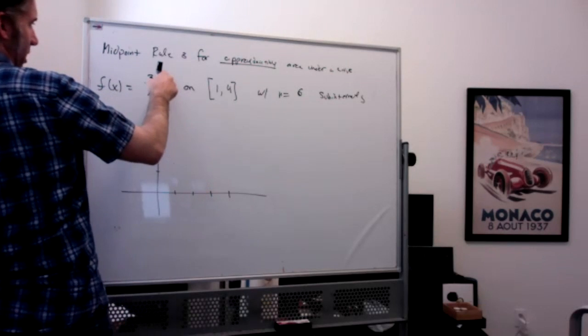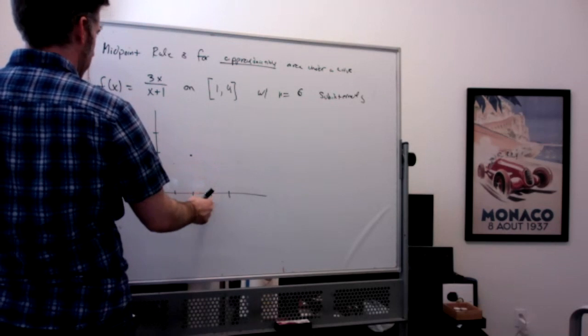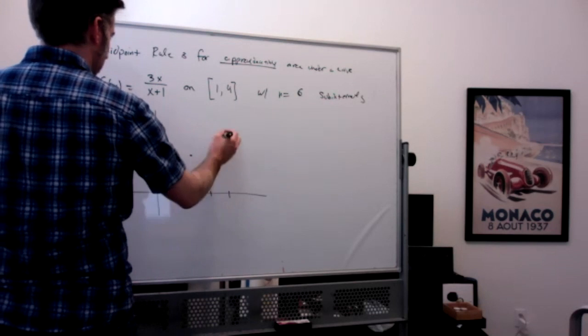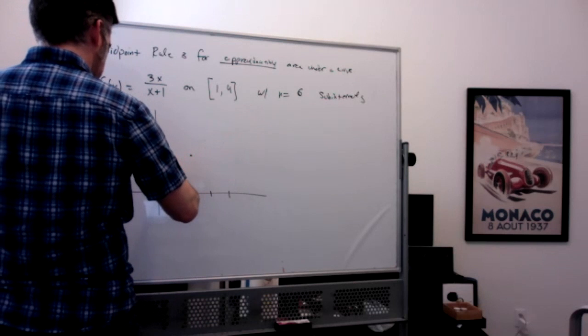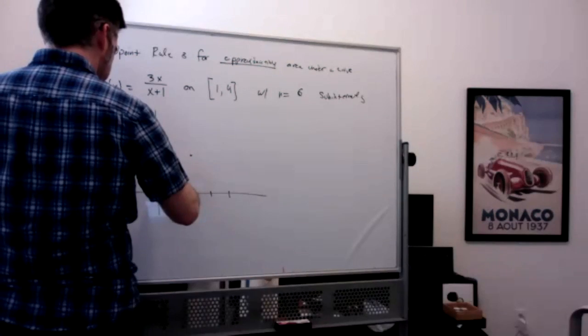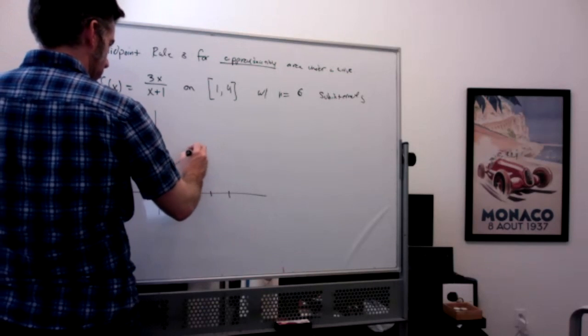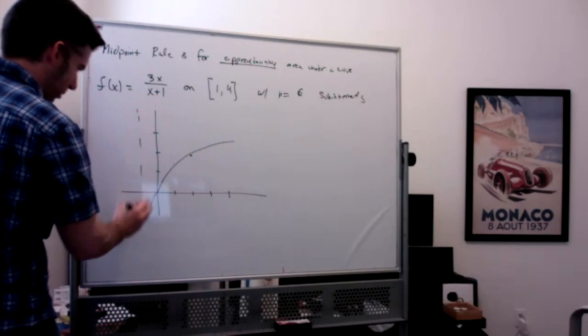When I plug in 2, I get 6 over 3, which is 2. And I plug in 3, I get 9 over 4, which is a little bit bigger. Plug in 4, I get 12 over 5. So here's what this function looks like. When I plug in 0, I get 0. And there's a vertical asymptote over here. Don't really care about that though.